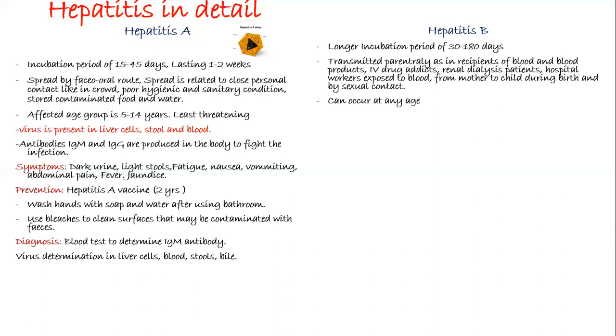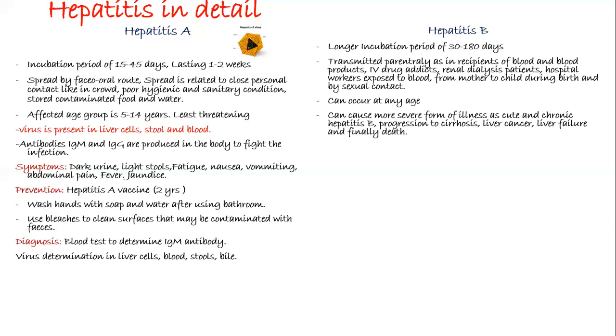It can occur at any age and can cause a more severe form of illness, as acute and chronic hepatitis B. It progresses to cirrhosis, liver cancer, liver failure, and finally death of the person.